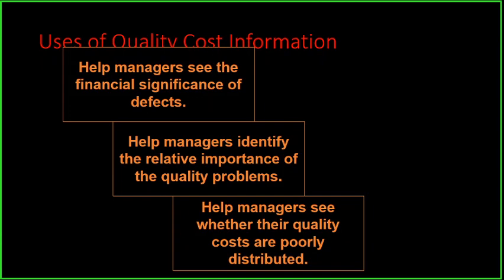Okay, uses of quality cost information. They help managers see the financial significance of defects, identify relative importance of quality problems, and help managers see whether their quality costs are poorly distributed. If you are going to ask me, the most important use for this quality cost information is they serve as an indicator.